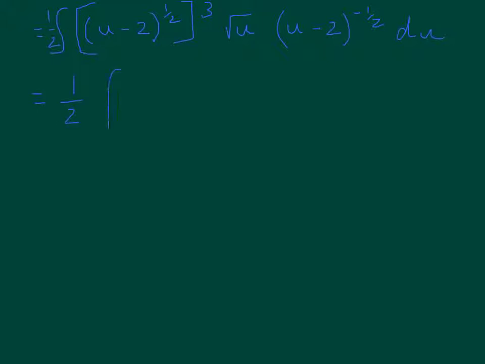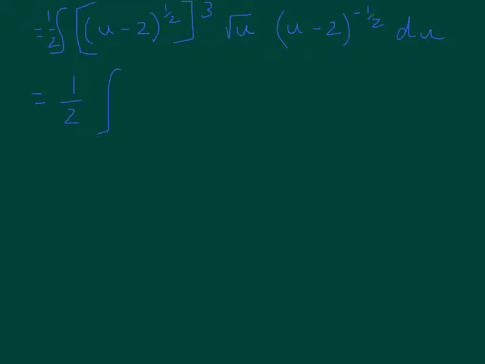We know from a law of exponents that when we raise U minus 2 to the 1/2, and then the whole thing is raised to a third, we actually multiply those exponents.